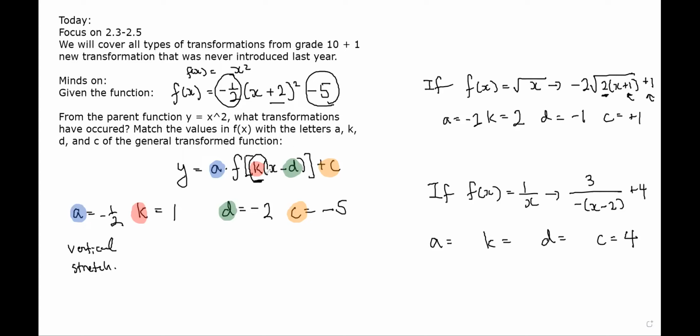Let's correct it. The K value will always be a quantity, a number that is directly multiplying with the X variable. So in this particular case, is there something multiplying with the binomial that has the X variable in it? Yeah, -1. K in this case is a -1.